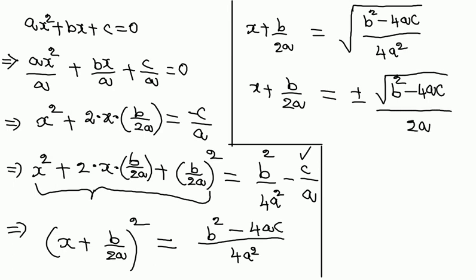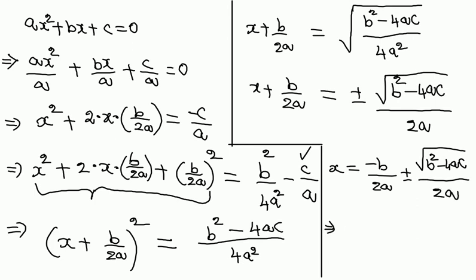Now transfer this plus b by 2a to the other side. Then x is equal to minus b by 2a plus or minus square root of b square minus 4ac whole divided by 2a.